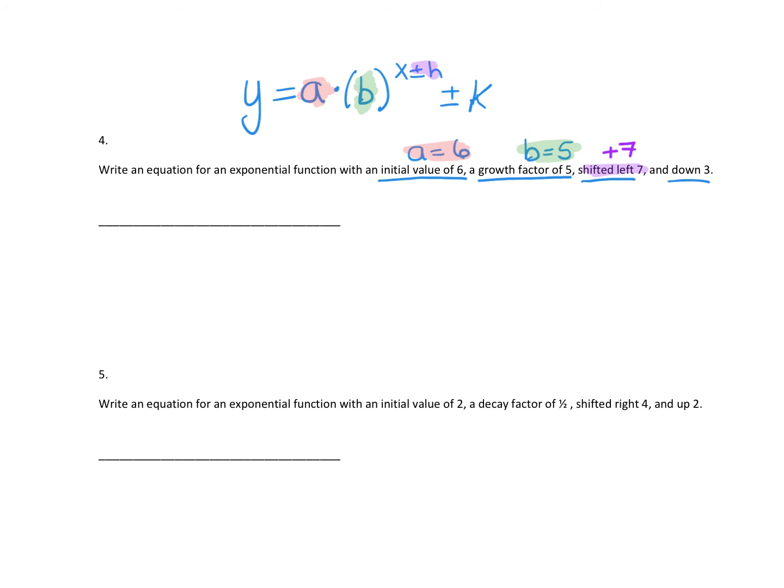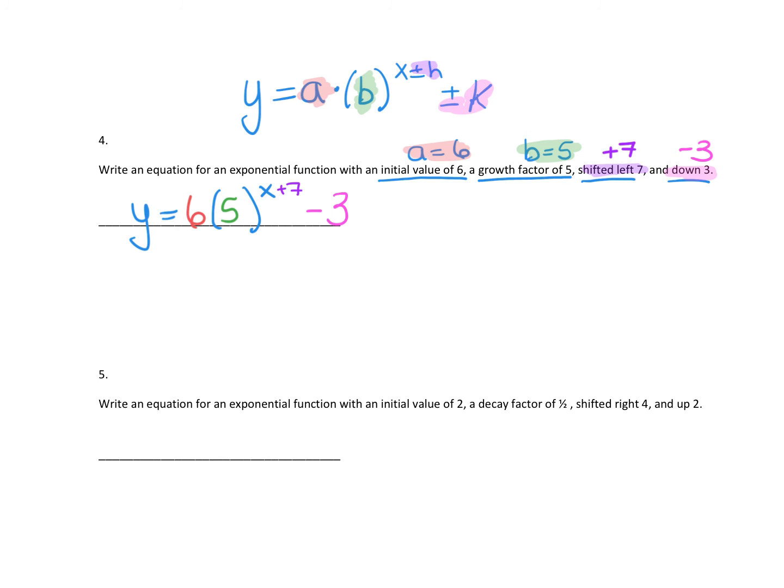And then if I have down 3, that's going to be minus k, and so it's going to be minus 3. So let's put it all together. So we're going to have y equals 6 times 5 to the x plus 7, minus 3. And so that is what our formula would look like.